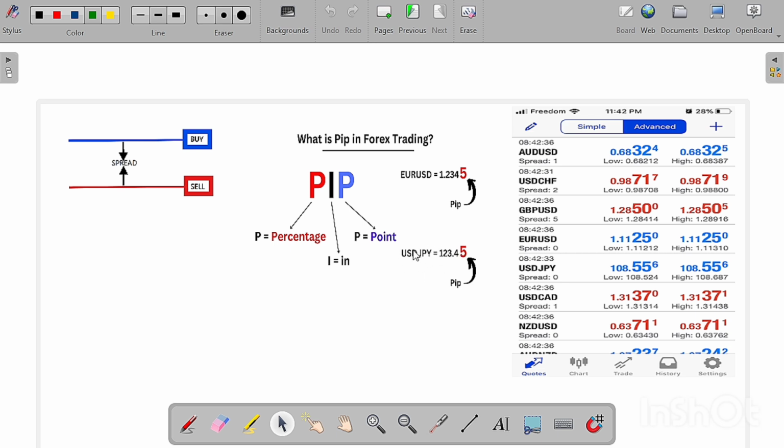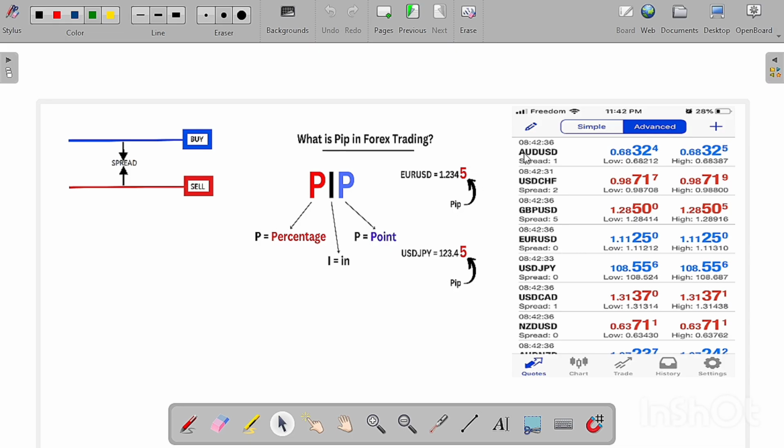Now we have learned about pairs. When we go to MetaTrader 5, this is how it is displayed. These are the currency pairs. You could see Australian dollar USD: AU represents Australia, D represents the name of the currency, which is dollar. USD CHF: CH represents the country, F represents the name of the currency, which is franc, so Switzerland franc.